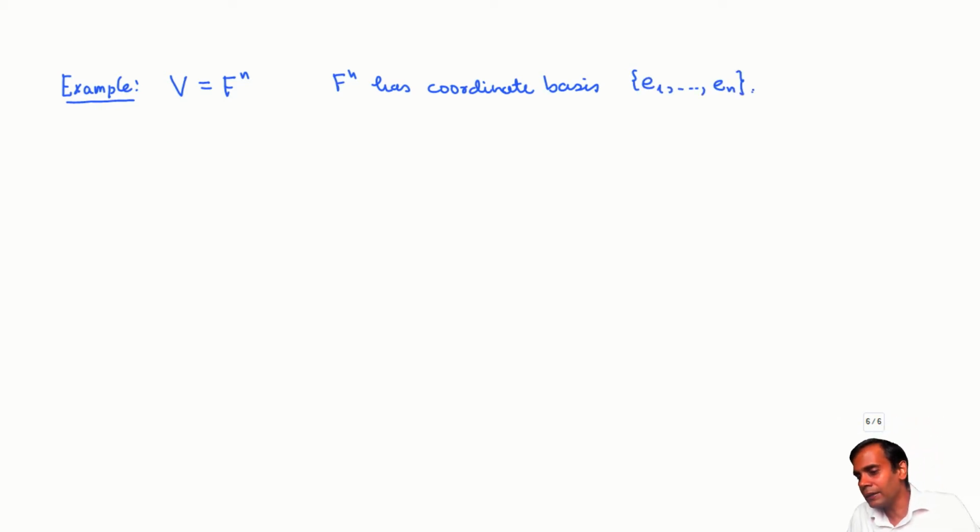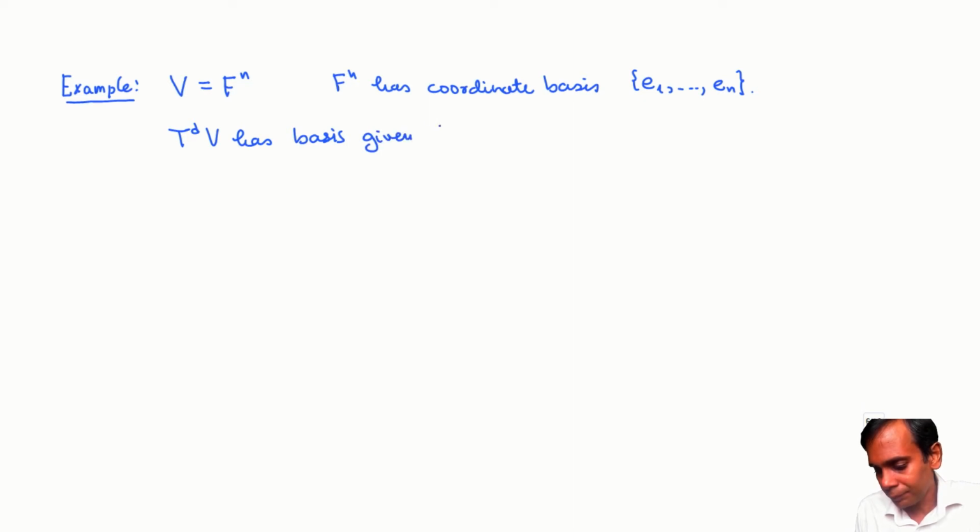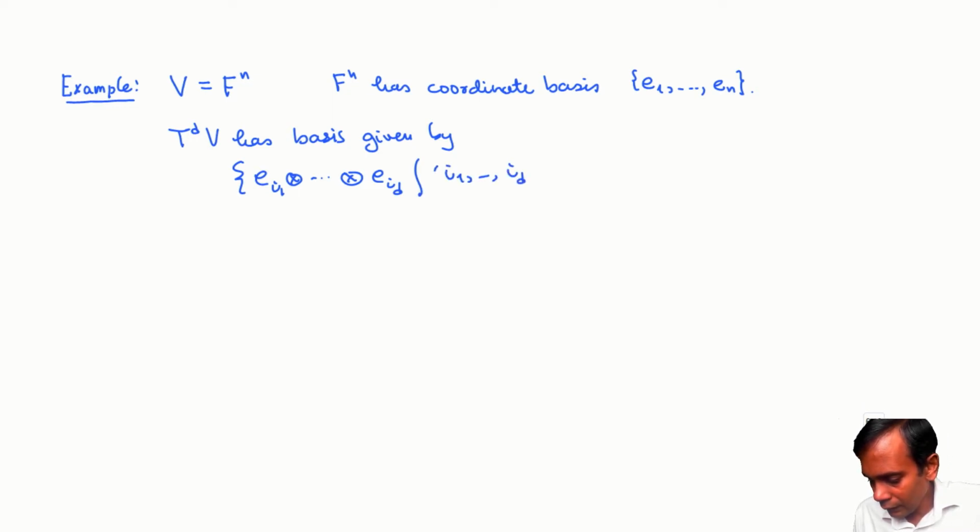So ei is the ith coordinate vector. It has 1 in the ith place and 0 everywhere else. And TdV has basis given by ei1 tensor up to eid, where each of i1 up to id lies between 1 and n and there are d of them.